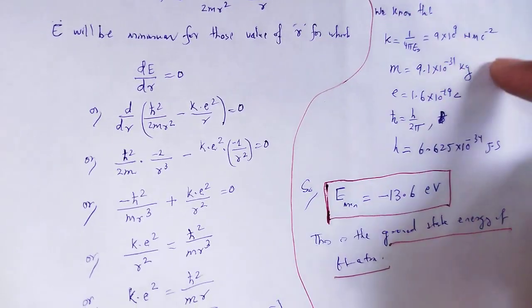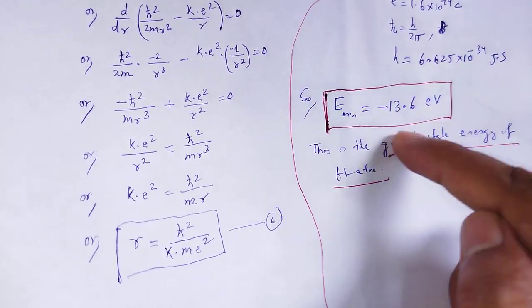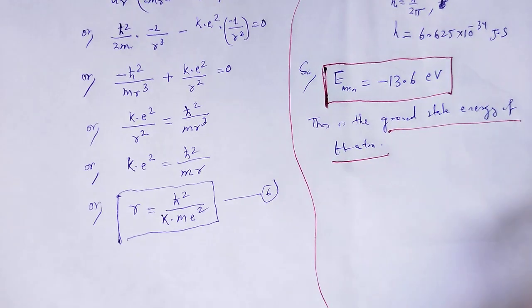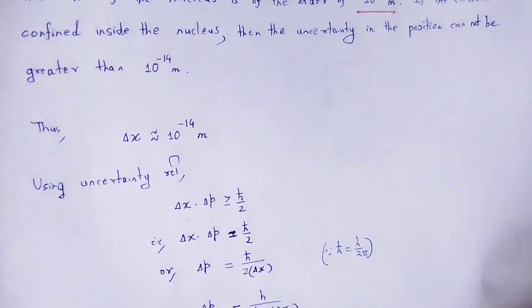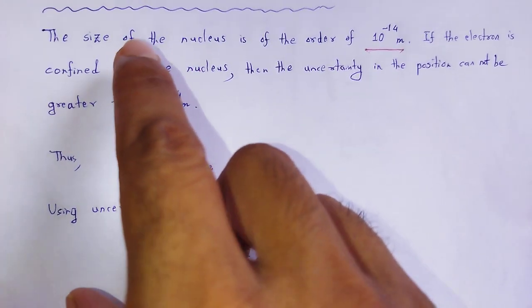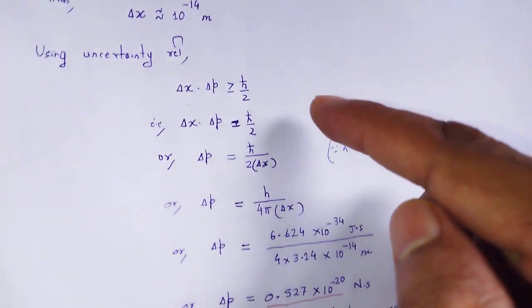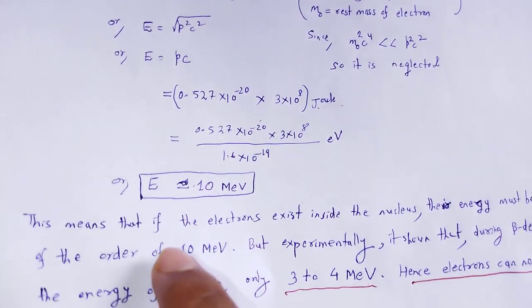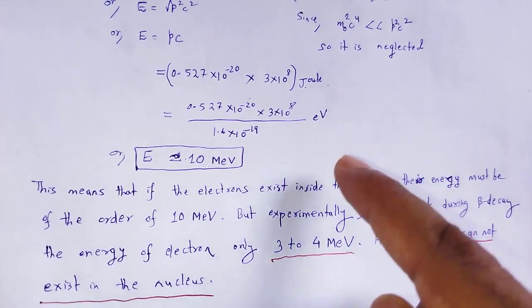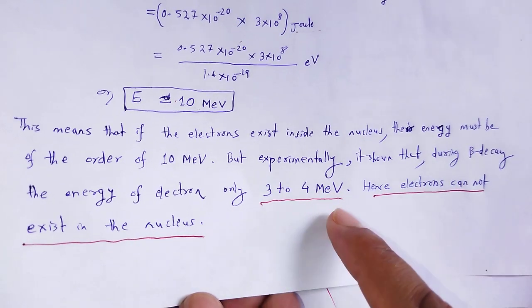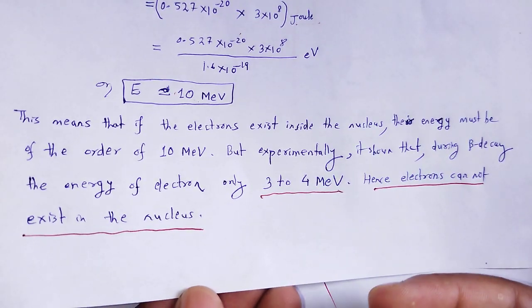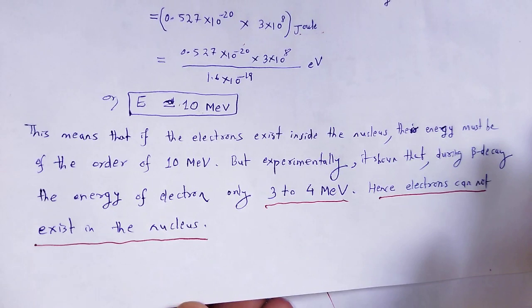All the constant values are put in and we obtain minus 13.6 electron volt. Next, why does the electron not exist in the nucleus? By using the uncertainty relation, we conclude that the energy required is 10 mega electron volt, but the electron has energy in this lower range. So we can say that electron can't exist in the nucleus.